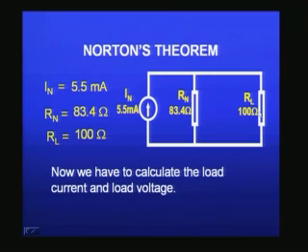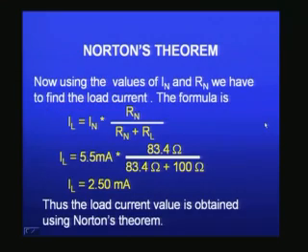RL is 100 ohms. Now we have to calculate the load current, load voltage, etc. Again by using current division, IL is equal to IN times Rn by Rn plus RL. We know all the values: 5.5 milliamperes is the Norton's current multiplied by 83.4, the Norton's equivalent resistance, divided by 83.4 plus RL, which is 100 ohms here, and the current is 2.5 milliamperes.